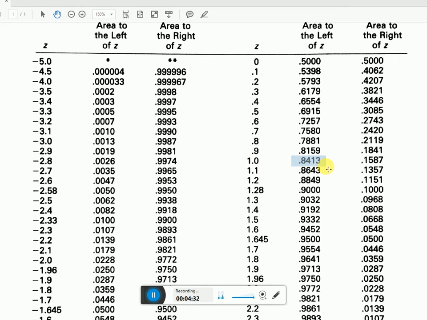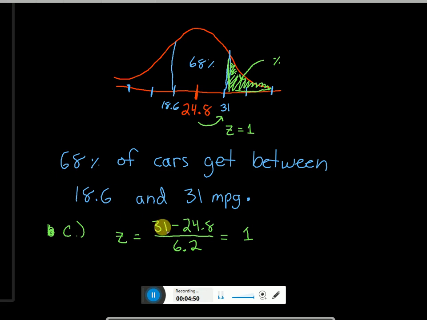We want the area to the right, so that will be the 15.8. Remember, you move the decimal point over twice, and so that will be 15.8%. So I'm going to go back and answer this question. To the right, that was 15.8%.